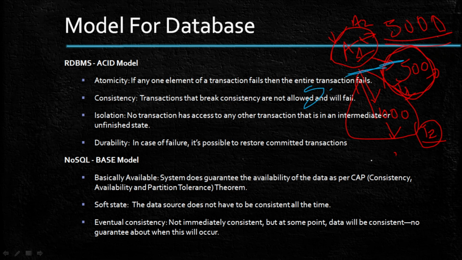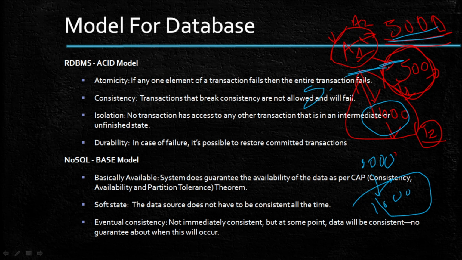They both take the balance amount of A1, which is 5000 rupees, and transaction T2 deducts 1000 rupees. At the same time, the other transaction also takes the balance as 5000 only and deducts the 500 rupees. But here T2 is processed first and 4000 rupees is updated in my account A1.